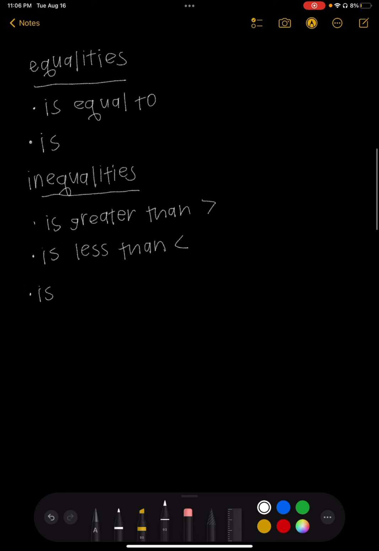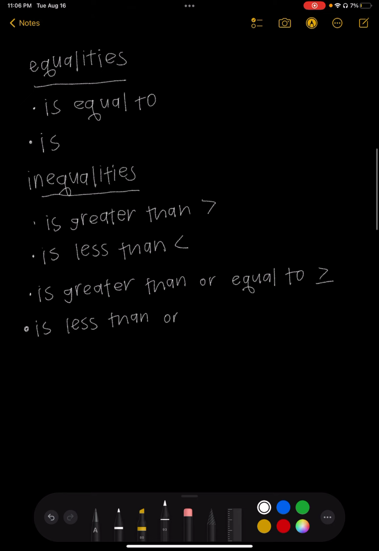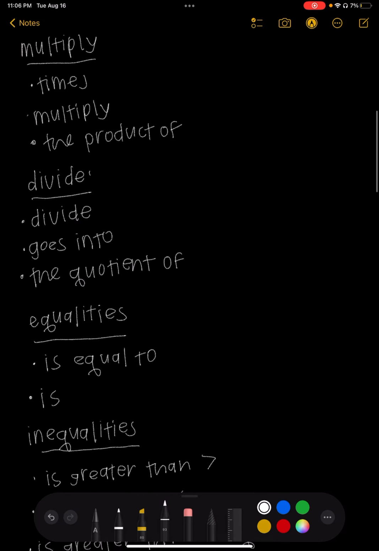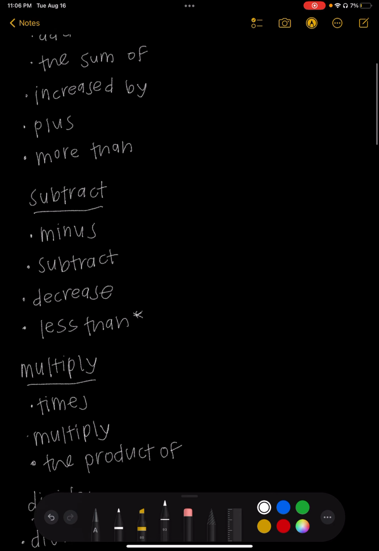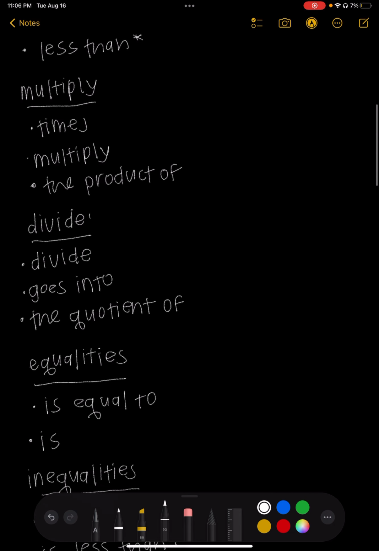If it's is greater than or equal to, it's this sign. And then if it is less than or equal to, it's this sign. Okay, so like I said before, there are several other phrases that might mean add, subtract, multiply, divide, or any of the equalities or any inequalities. But for the most part, these are the most popular.